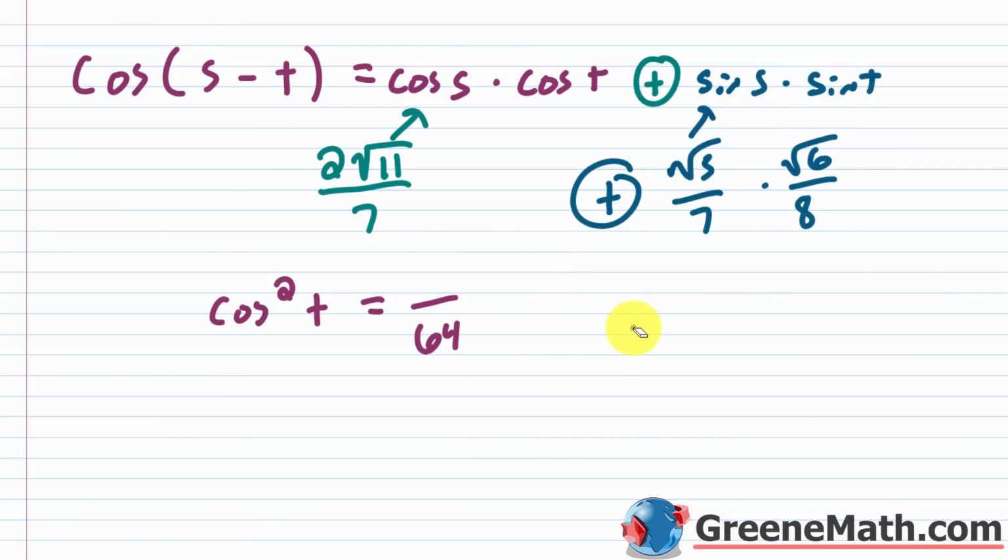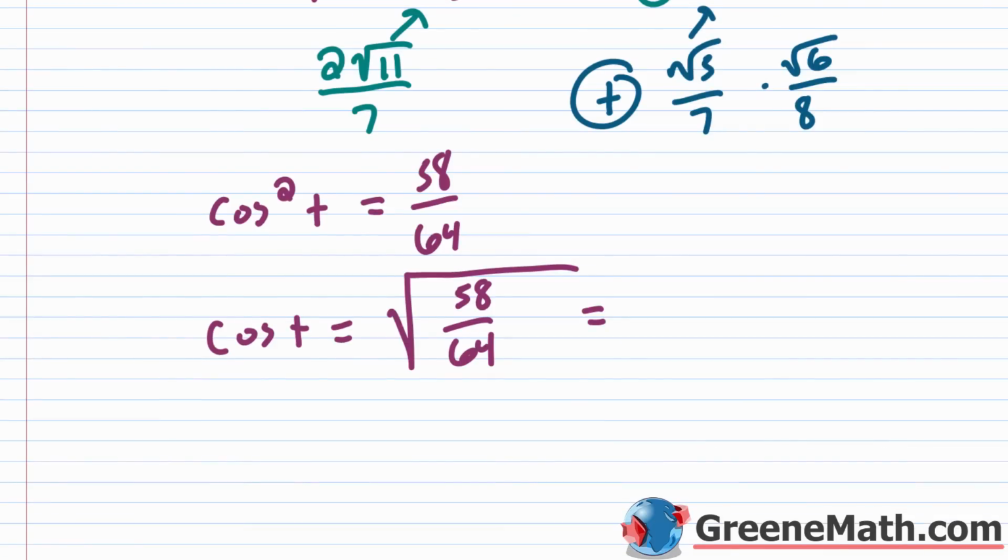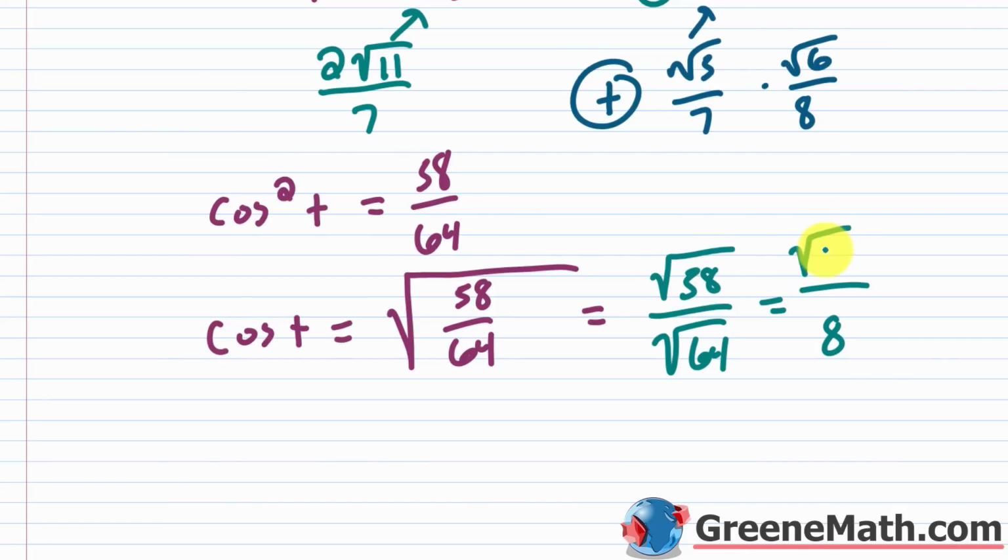So this is 58 over 64. Okay, so the cosine of t is equal to, let's say the principal square root, because again, we're in quadrant 1, of 58 over 64. So this equals the square root of 58 over the square root of 64. So the square root of 64 is 8. Now what about the square root of 58? Well, 58 is 29 times 2. 29 is a prime number, and also 2 is a prime number. So we really can't do anything else with this. This is just the square root of 58.